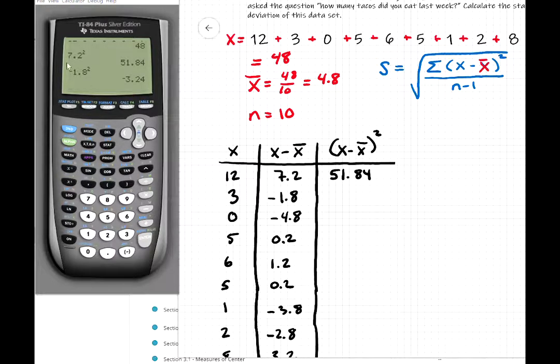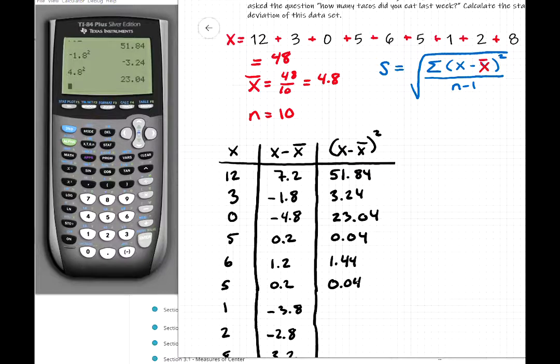Oh, I didn't put the parentheses. All right, well, that's going to be positive 3.24. Anytime we square a number, it's going to be positive, so we don't need to put in the negative sign. 4.8 squared. That's 23.04. 0.2 squared will be 0.04. 1.2 squared will be 1.44. This is another 0.04.